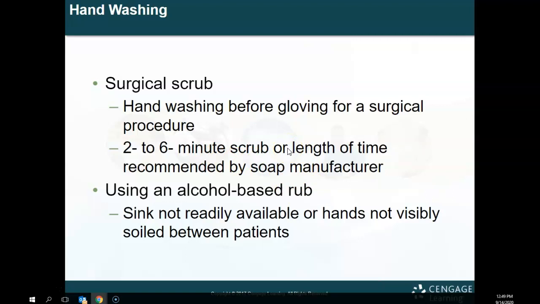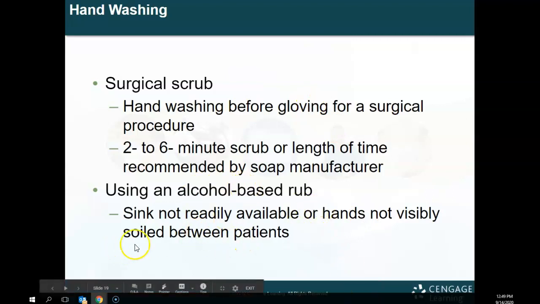Oftentimes you'll use a betadine scrub, and you scrub all the way to your elbows when you wash your hands for surgery. You go from the tip of your fingers all the way to your elbow, and they actually have a scrub brush that has soap inside of it and it's disposable. So the minute you've used it, you just discard it. And they wash all the way up here, scrub, scrub, scrub for 4 to 6 minutes.